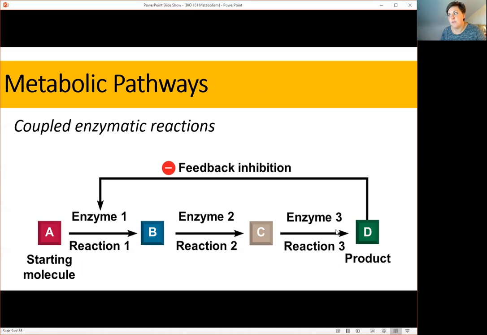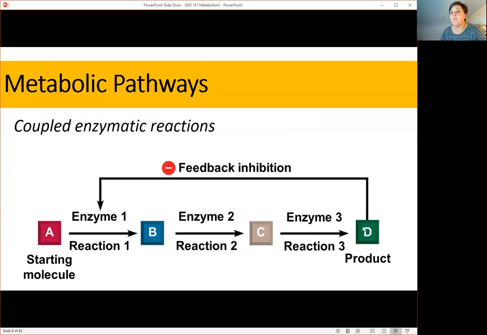But as we convert A to D, this means we're running low on molecule A, which may be a very important molecule. So we want to slow this process down so that we don't run out of A by converting it all to D. So what we can do, and what happens in many metabolic pathways, is the process of feedback inhibition.